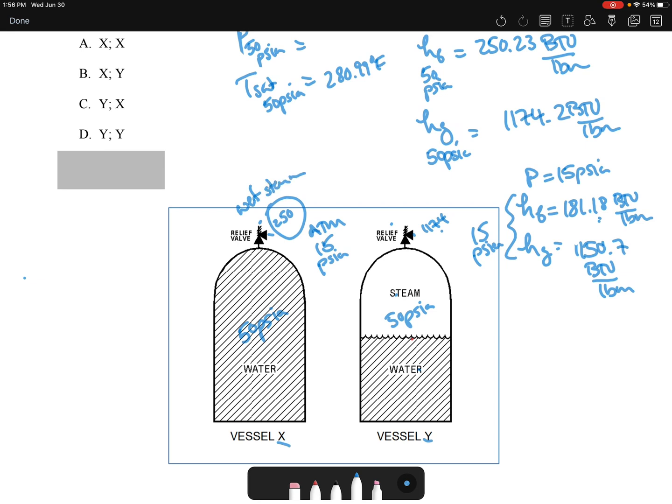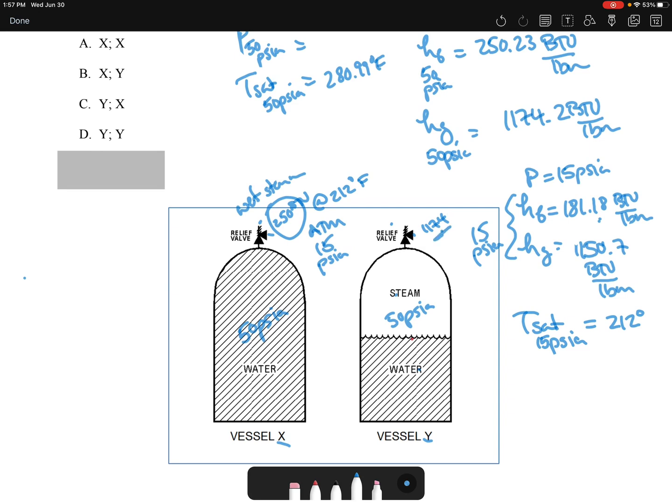And the temperature of that wet steam is going to be the saturation temperature at 15 psia, also known as 212 degrees. So we're going to have 250 BTUs, and that's at 212 degrees Fahrenheit.